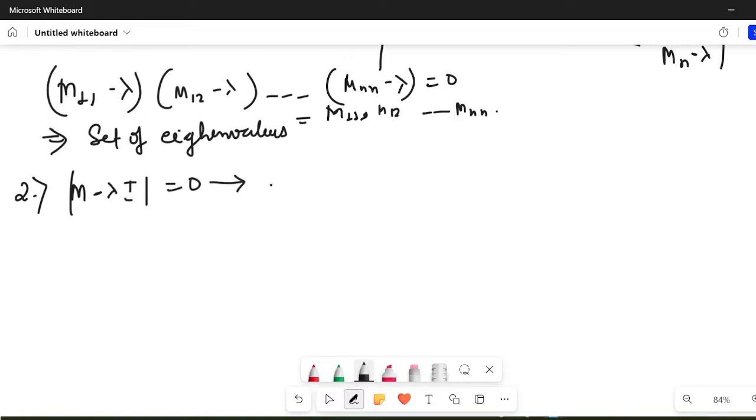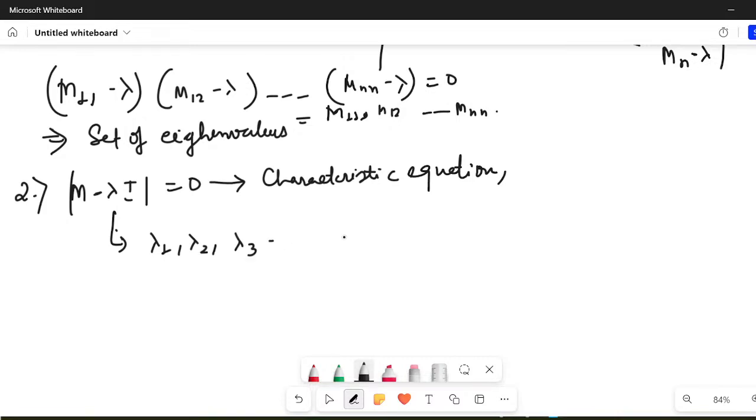And let us say that when we solve this characteristic equation, we are getting n roots, that is lambda 1, lambda 2, lambda 3, dash dash dash, lambda n.